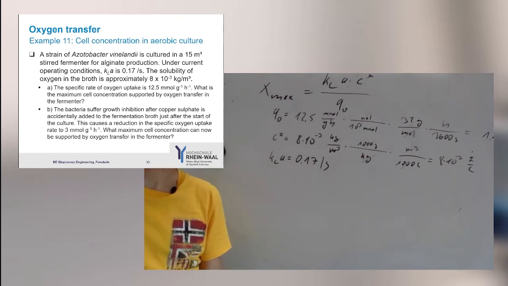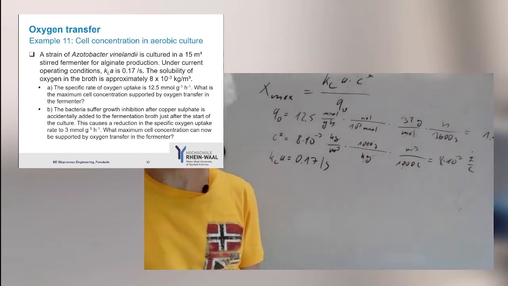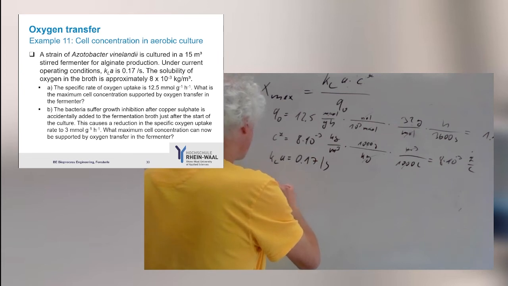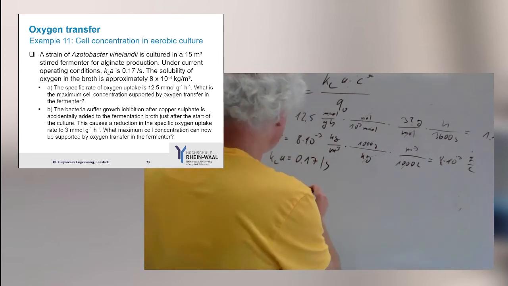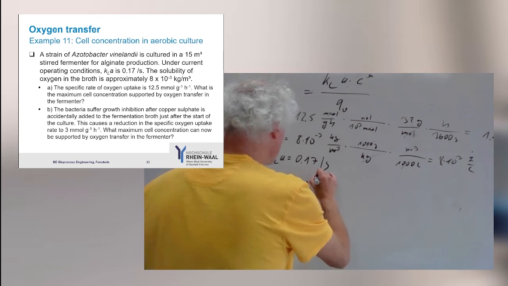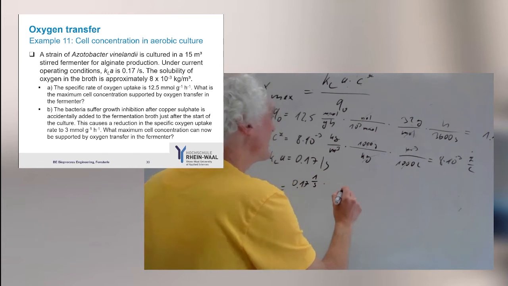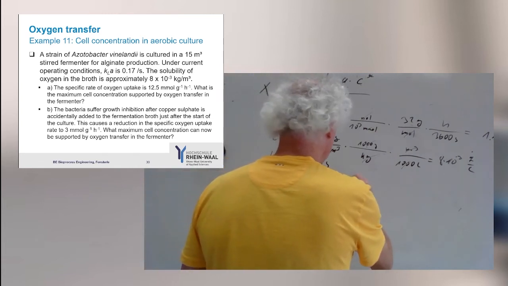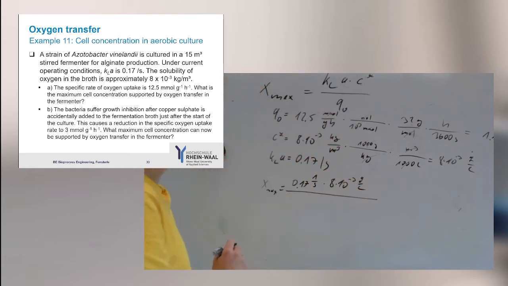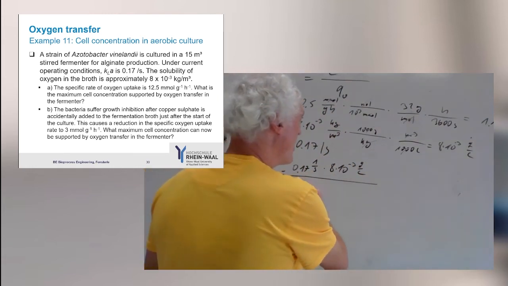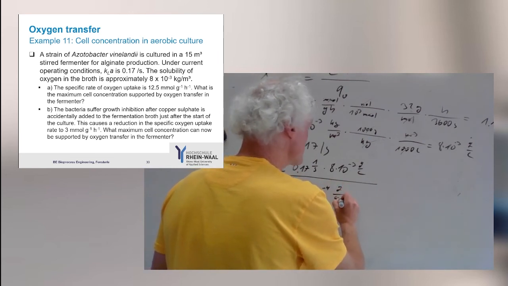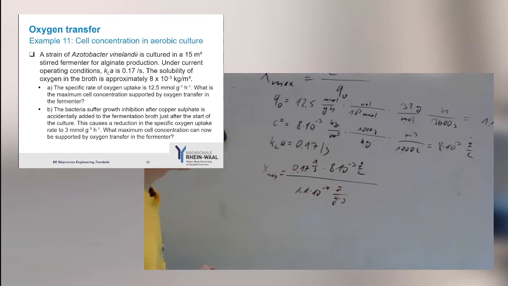Now we can calculate that X max is equal to kLa, which is 0.17 per second, times my saturation concentration of 8 times 10 to the minus 3 grams per liter, divided by 1.1 times 10 to the minus 4 grams per gram per second.